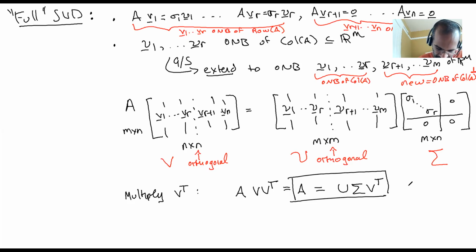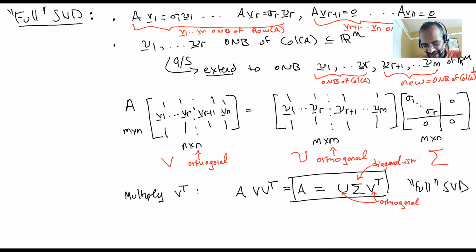And that is the full singular value decomposition. And the benefit of this is that U and V are now orthogonal matrices. And sigma is not quite diagonal, it's kind of diagonal-ish, because it's a diagonal matrix padded with zeros. And the amazing theorem is that every matrix can be written in this form.